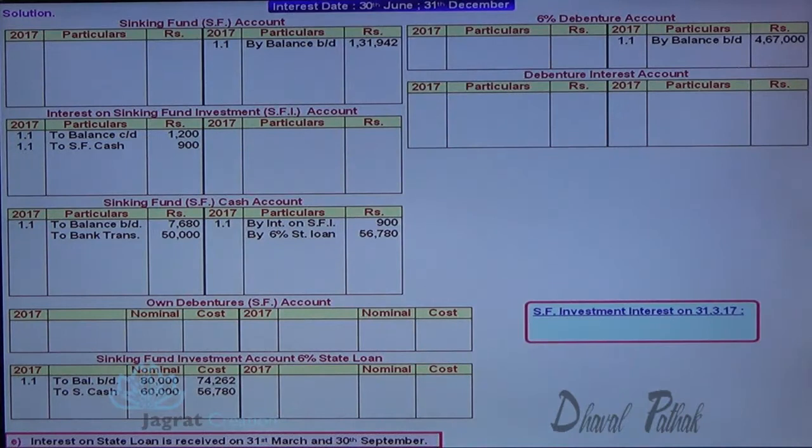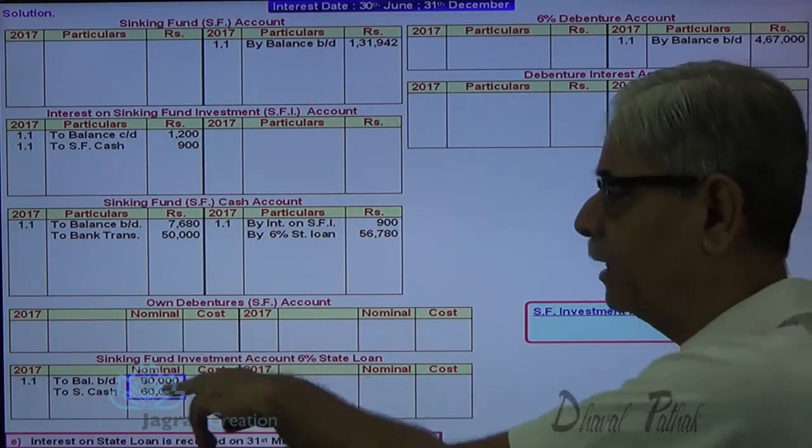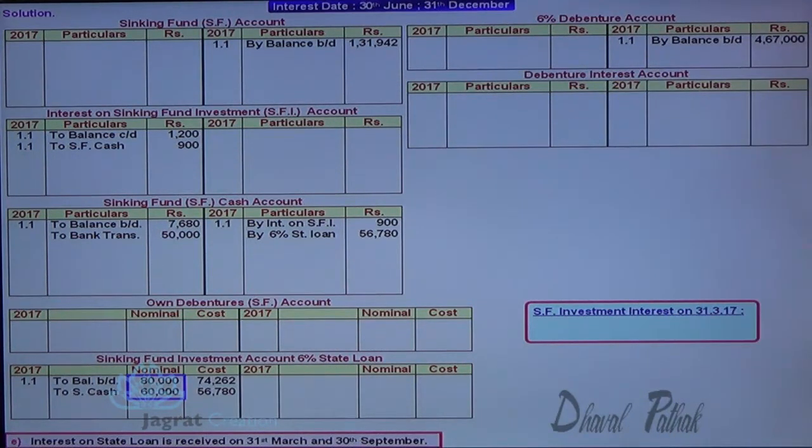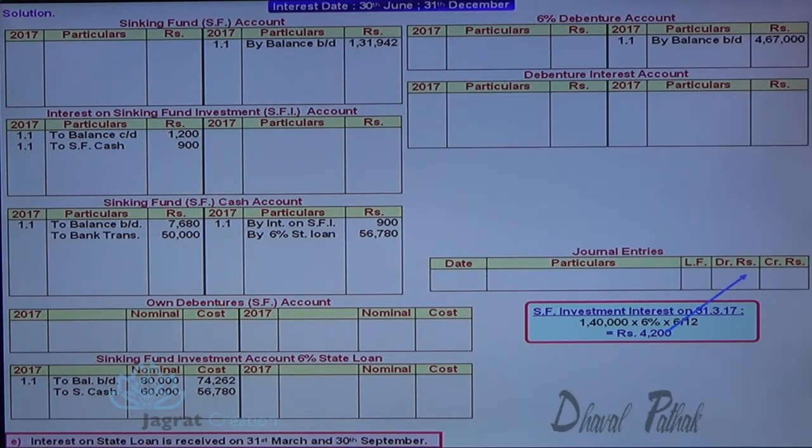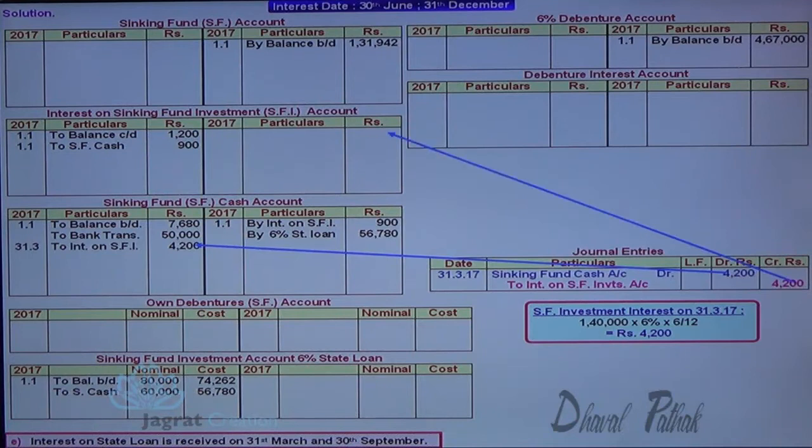So sinking fund investment interest. So total investment held 1,40,000, 6% into 6 months. Sinking fund cash account debit to interest on sinking fund investment account credit.